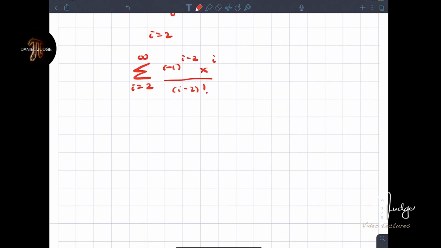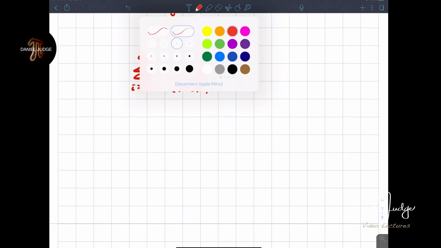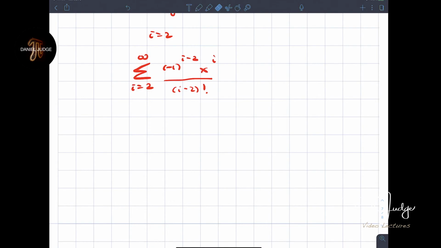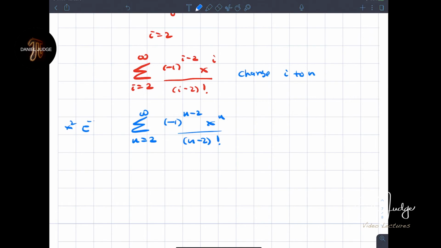And so, ladies and gentlemen, you say, can I change my letter from i back to n? The answer is yes. So now you can change i to n, and you can see series that look like this, representing that x squared e to the minus x.